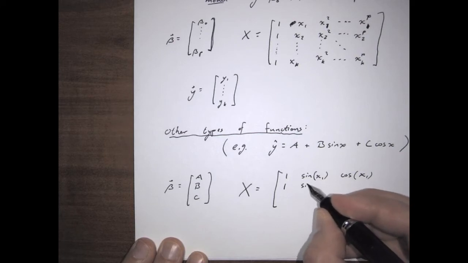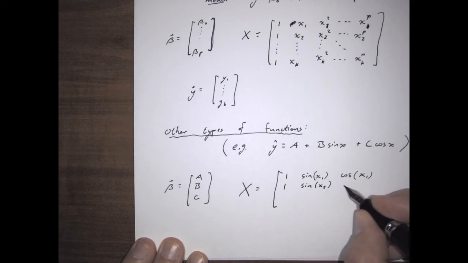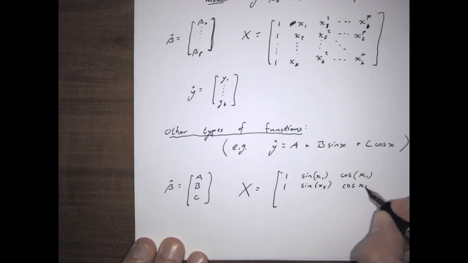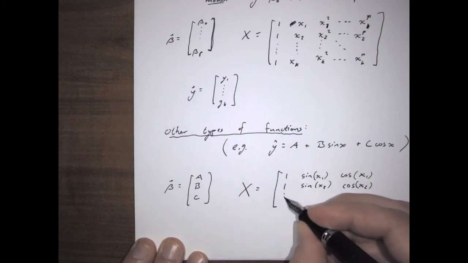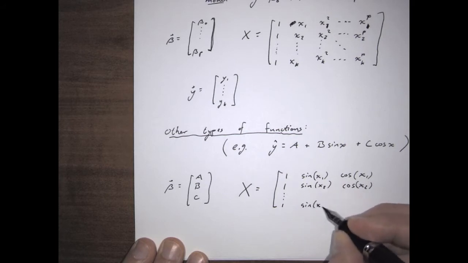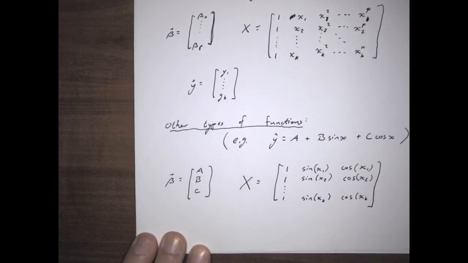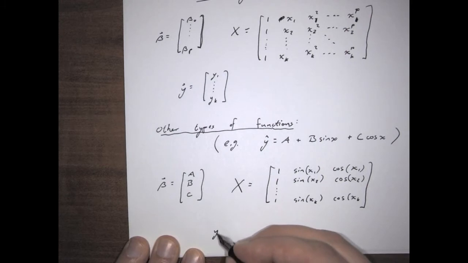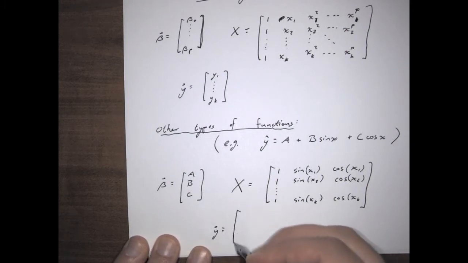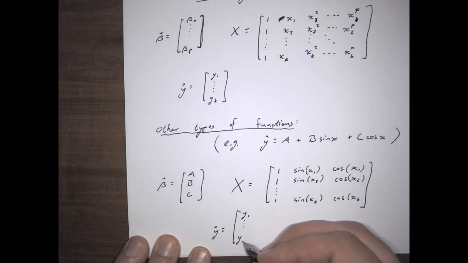So 1, sine x2, cosine x2, dot dot dot, down to 1, sine xk, cosine xk. And then here the observation vector will be just like it has been: y1 up to yk.